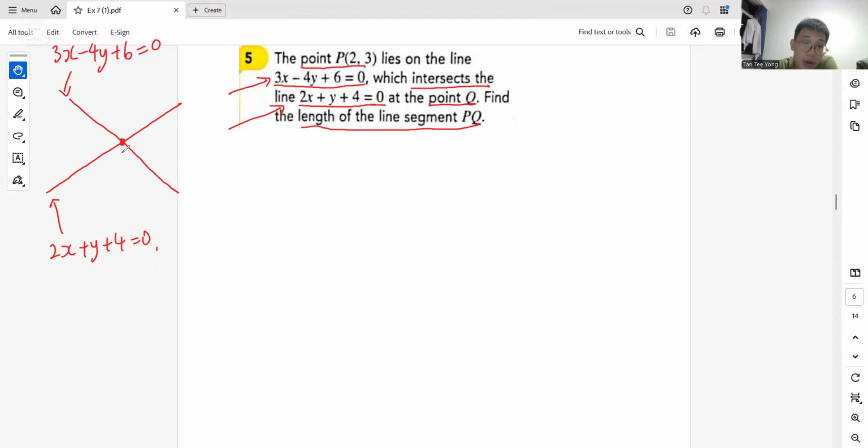This is point Q, because that is the point where they intersect one another. Then your P maybe is somewhere around here, because P lies on the line 3x minus 4y plus 6 equals 0. So first things first, we've got to find out the coordinate Q. How? We are going to do simultaneous equations, because it is the intersection between two lines.